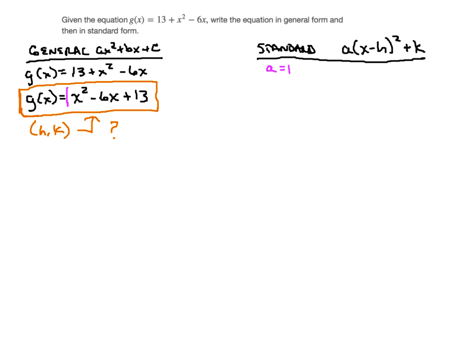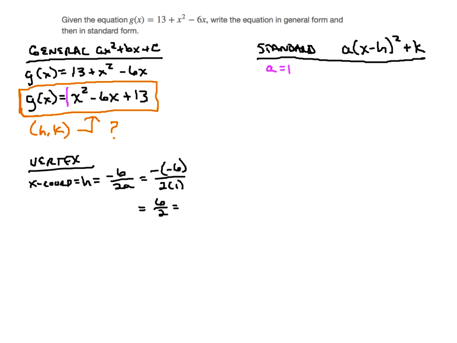I just need to figure out the coordinates of my vertex using general form. So my vertex, the x coordinate is known as H, and that's given by negative b over 2a. And in this case, that's negative 6 over 2 times 1, which is 6 over 2 or 3.